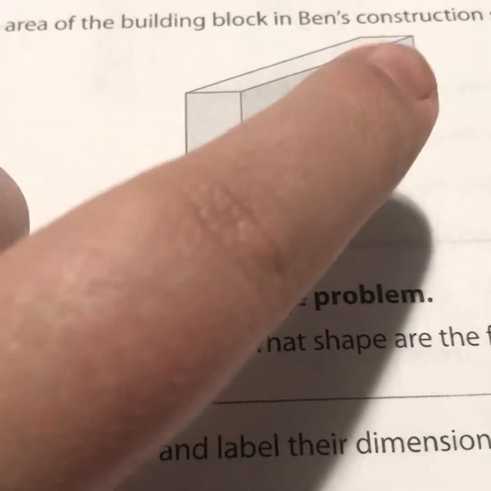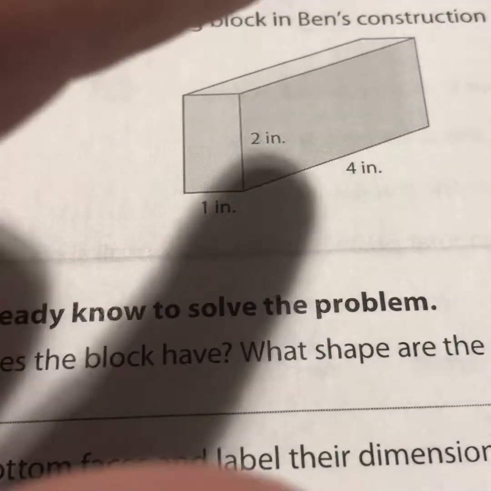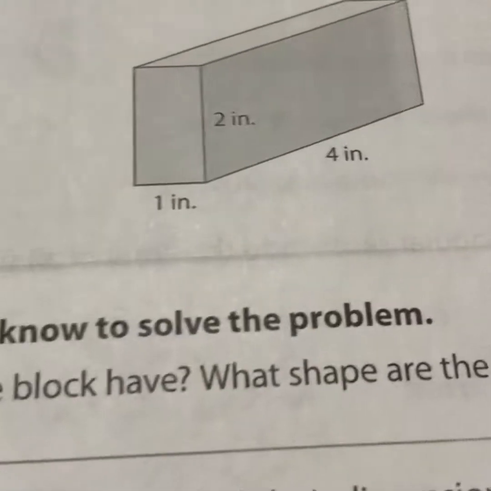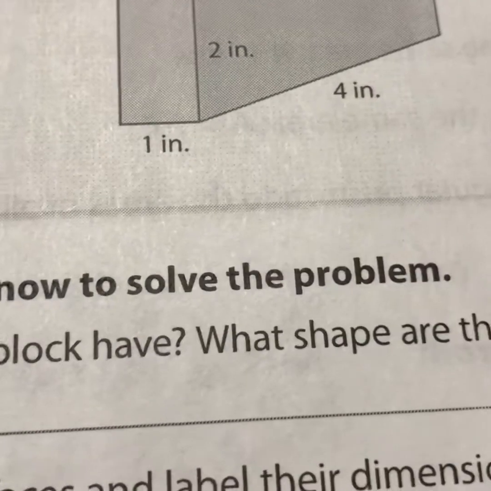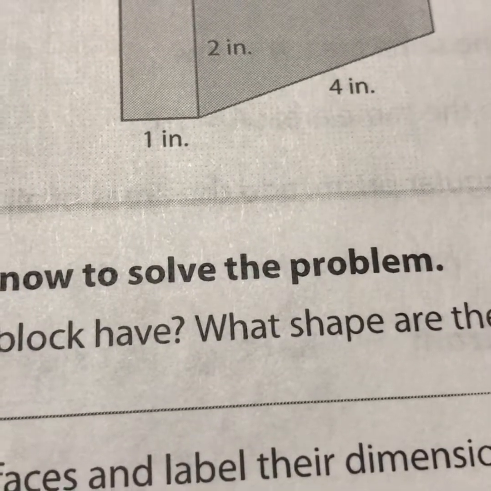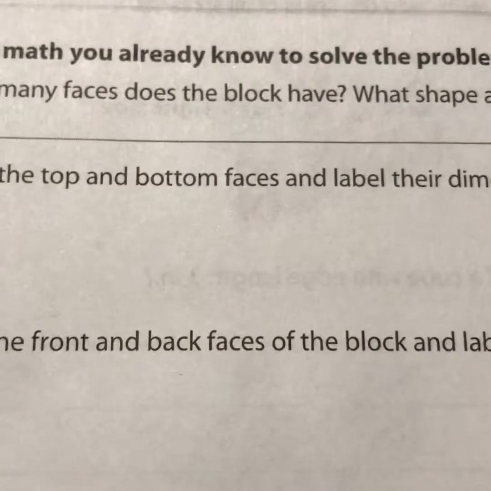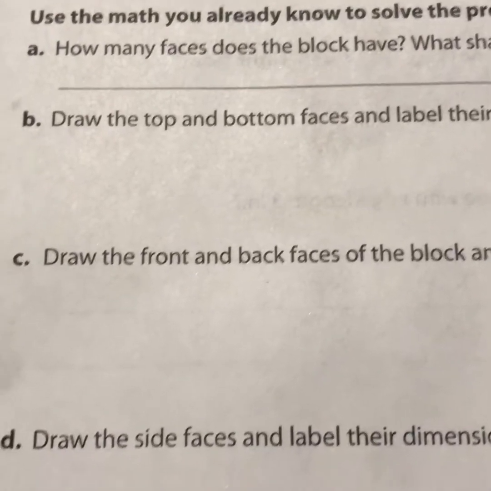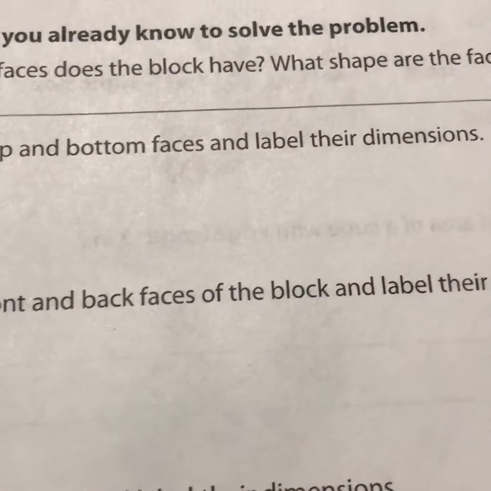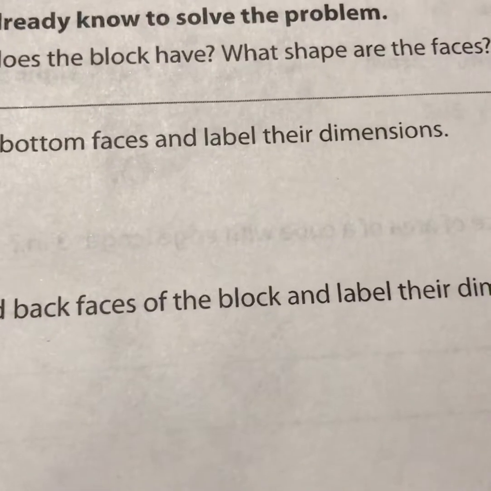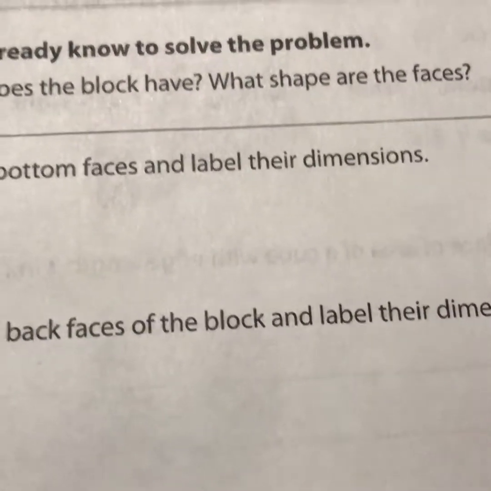So 1, 2, 3, 4, 5, 6. Each of those are represented as a rectangle. So your answer for number 1, A, how many faces does the block have? It has 6 faces, and the faces are shapes of rectangles.